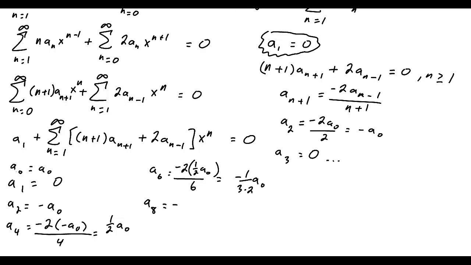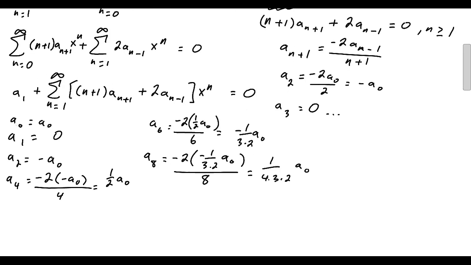A sub 8 is equal to negative 2 multiplied by negative 1 over 3 times 2, a sub 0, and all of that is over 8, which becomes 1 over 4 times 3 times 2, times a sub 0. So as I said, we may notice a pattern at this point.